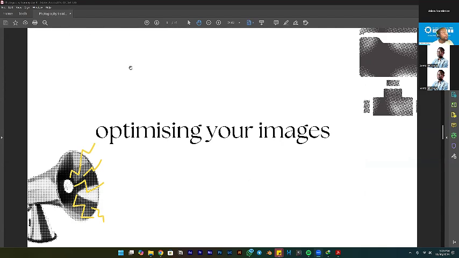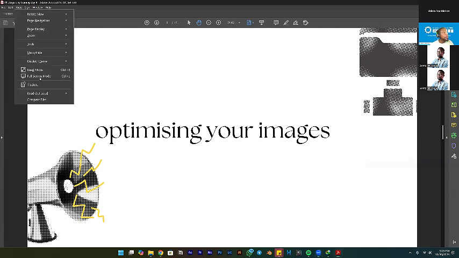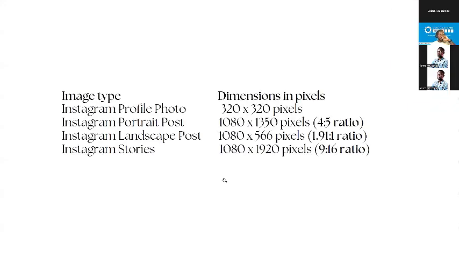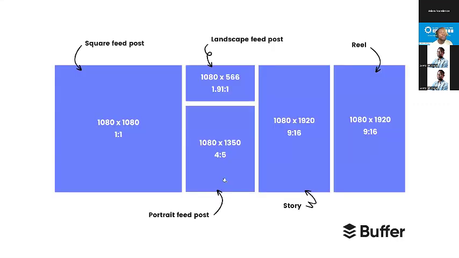So, let me do that to full screen. Here's a list of basic Instagram dimensions. This one is too texty, let me use this one. So if you're posting pictures to Instagram, there are different places that you post.